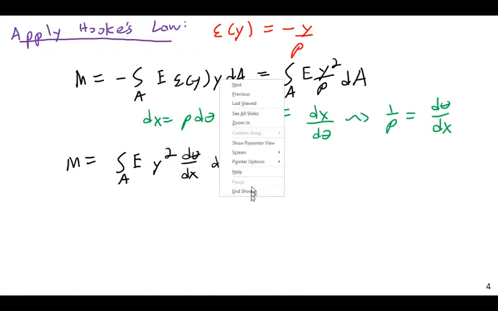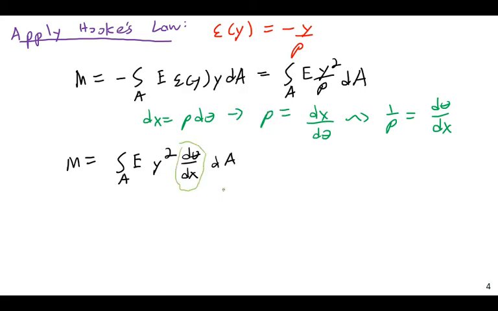Now, I know this is an area integral, so I can do something kind of neat here. I'm going to pull these out because they are constant across the area.